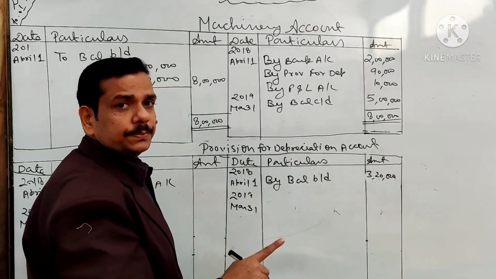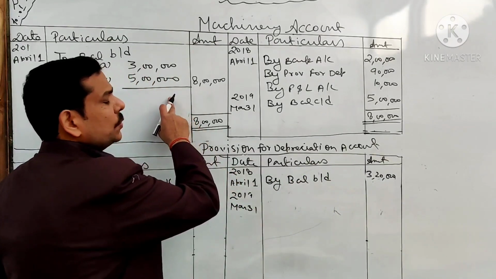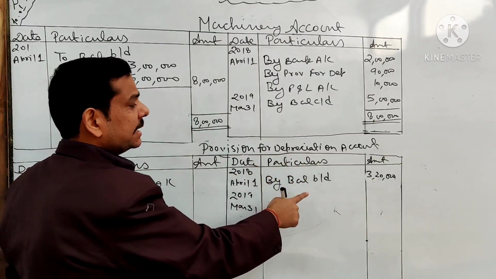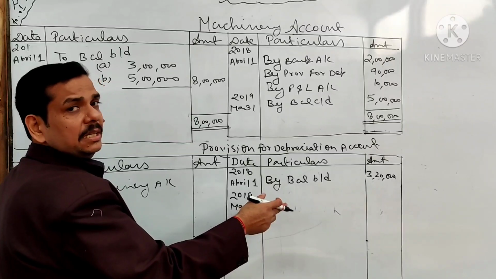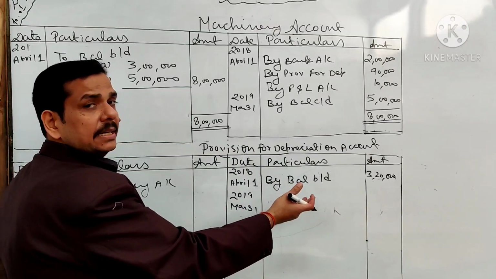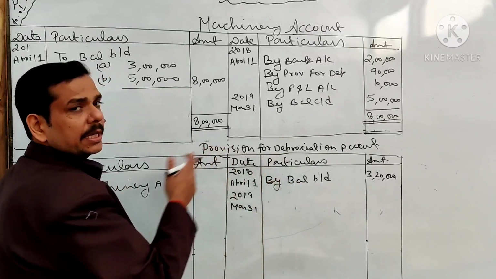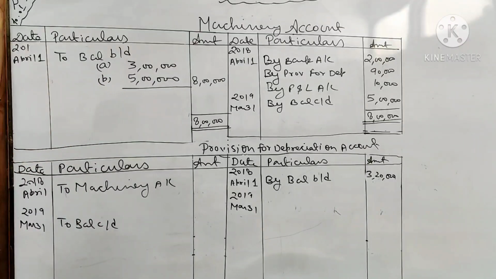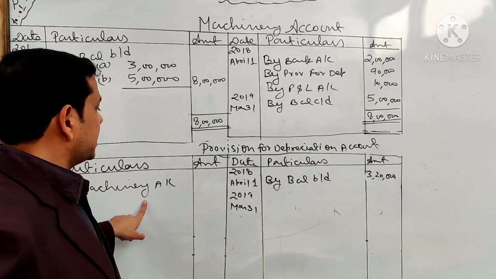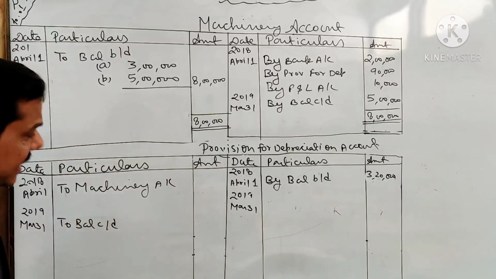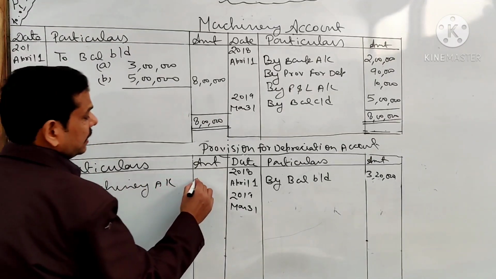This is case 2. Here machinery is always shown at its original cost and depreciation is collected in a separate account called provision for depreciation account. When we sell the machine, we transfer the related depreciation from the provision for depreciation to the machinery account. So total depreciation charge of 90,000 is transferred. On the debit side, write to machinery account 90,000.